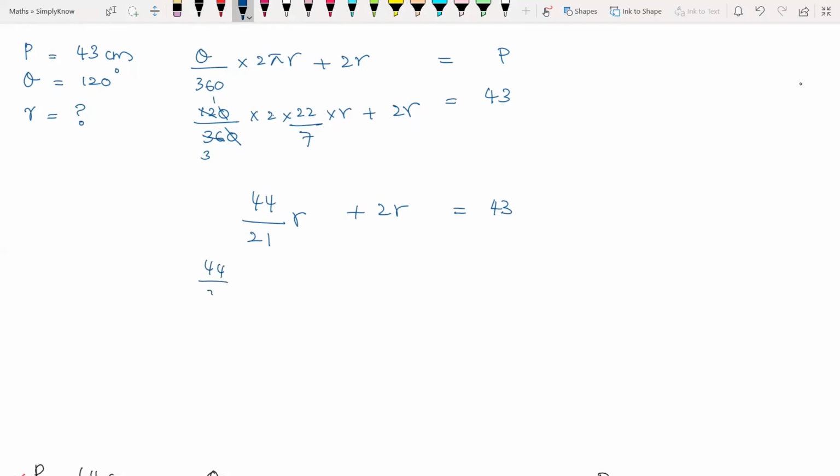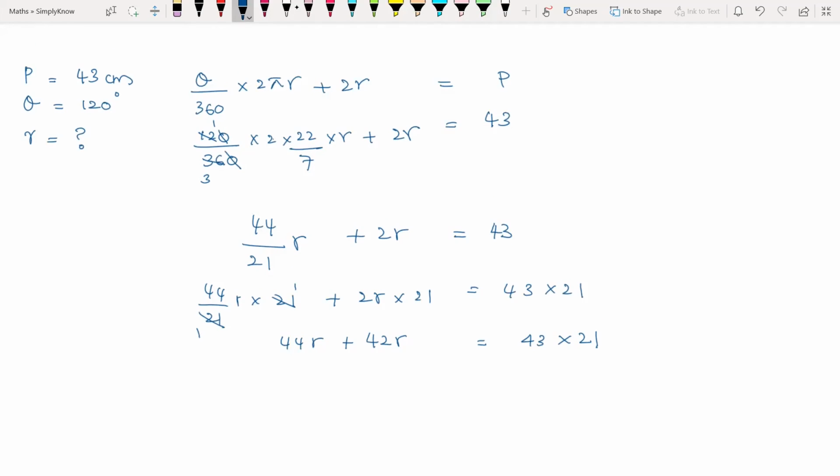44 over 21 r times 21 plus 2r times 21, 43 times 21. Now we can cancel these two 21s. Then the remaining 44r plus 2 times 21 is 42r equals 43 times 21.